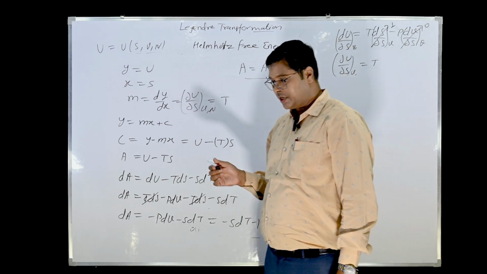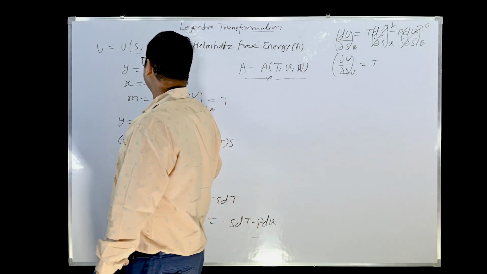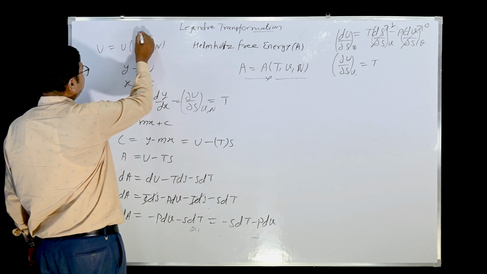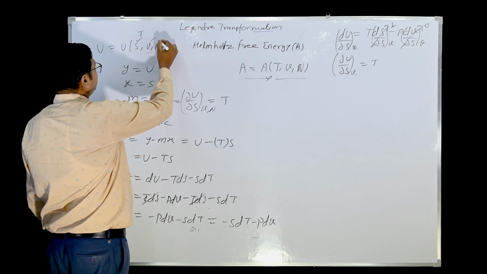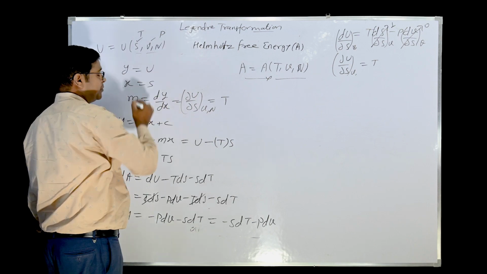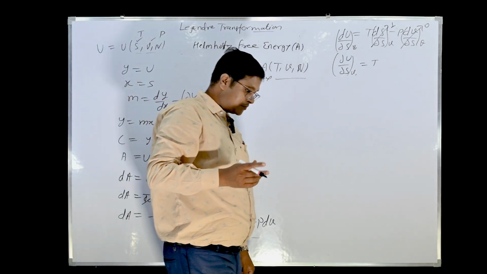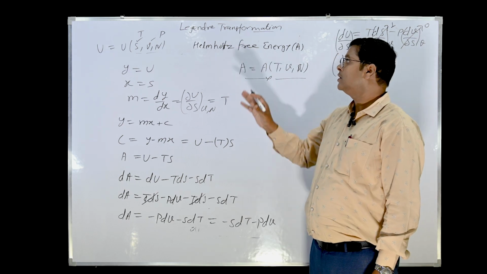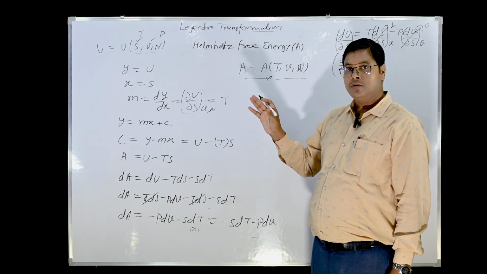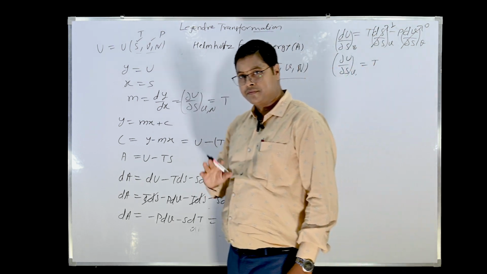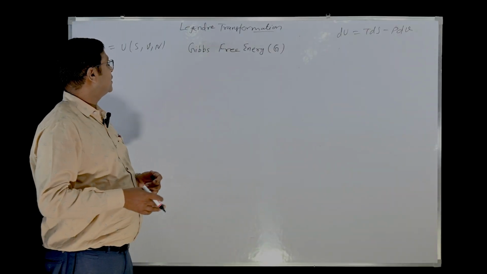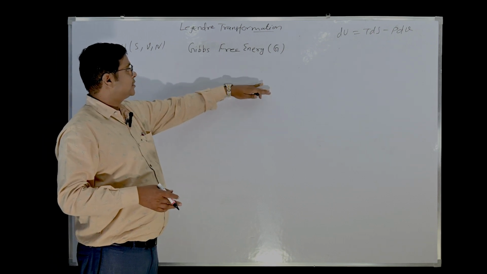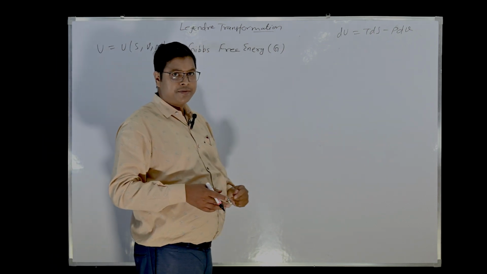In the same manner, when we replace these two variables simultaneously, entropy with its corresponding variable temperature and volume with its corresponding variable pressure, we will get another energy equation, and that is known as the Gibbs free energy. So we will see the Legendre transformation of internal energy to develop the relation for Gibbs free energy.